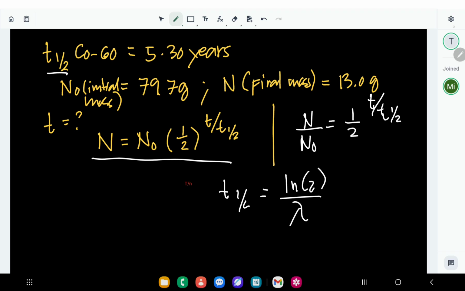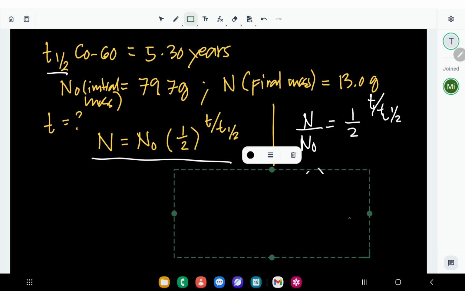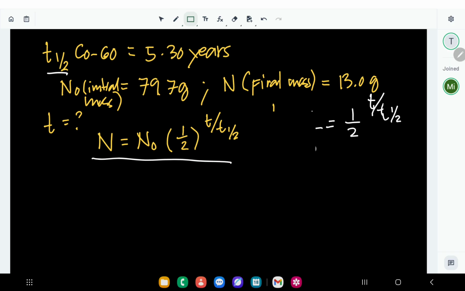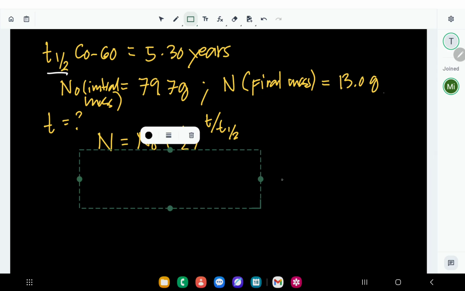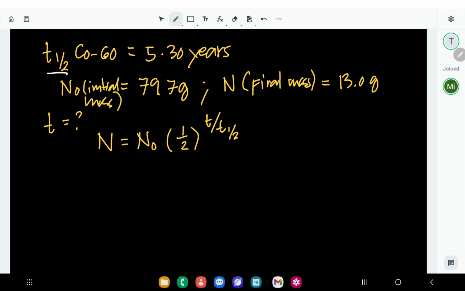Let me show you first using the formula I wrote here, and then we will use the formula you use, because I don't get the t over n. It's not the formula for half-life, because we're given here the initial mass and the final mass. So let's solve this first.